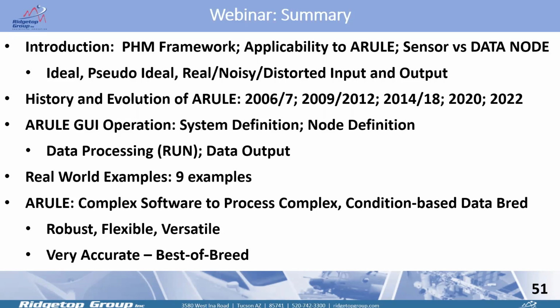We showed 9 real-world examples, and we believe we have shown that ARULE is complex software to process complex condition-based data, which is robust, flexible, versatile, and very accurate.